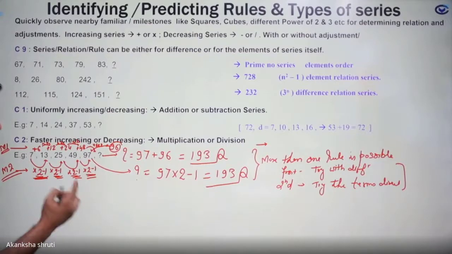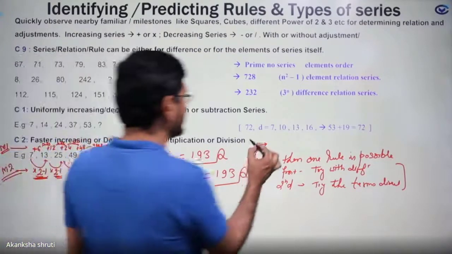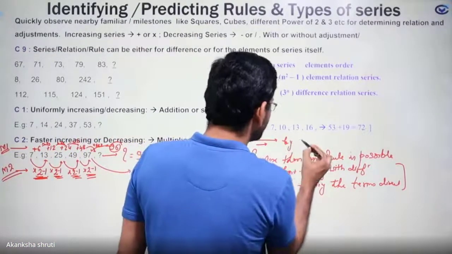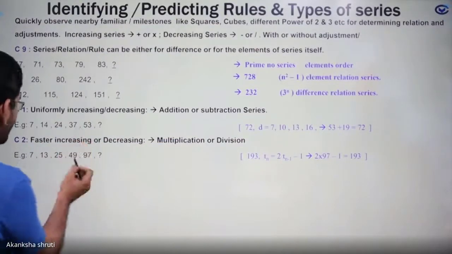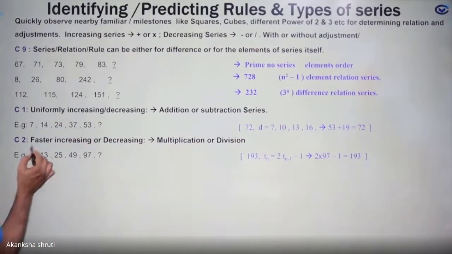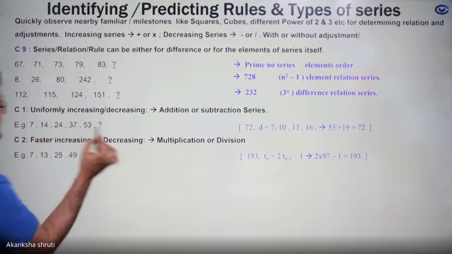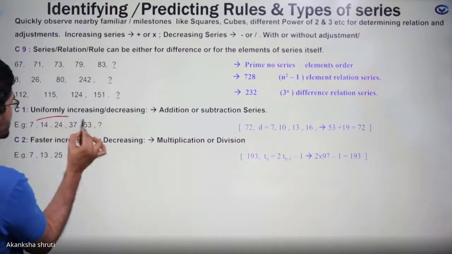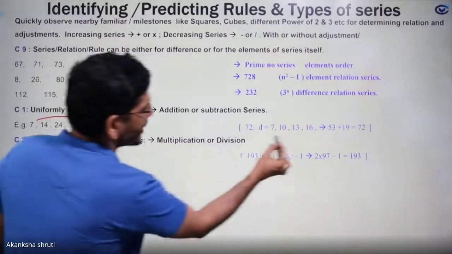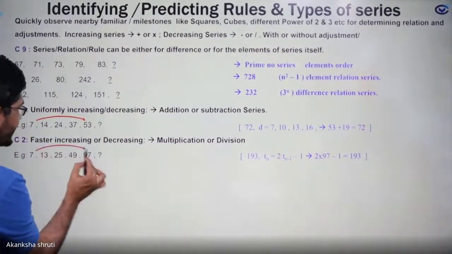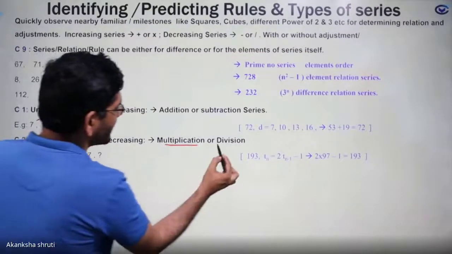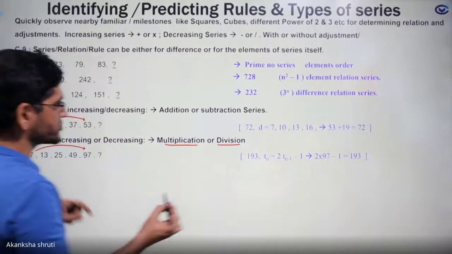It means multiplication or division by a fixed number. Comparing these two, if the variation is almost uniform or slow, then you have to go for this addition of difference. If the variation is very rapid, you should go for multiplication or division of the term.